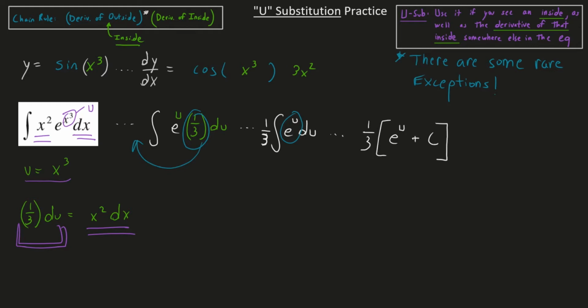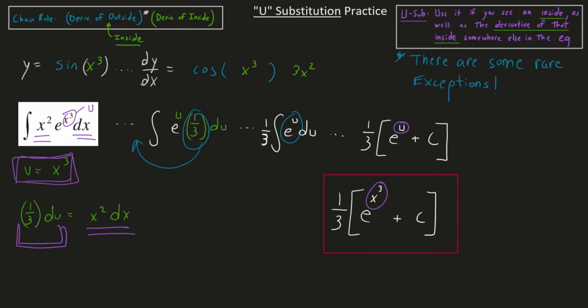So I carry out that antiderivative, don't forget the plus c. And now that I've gotten through that antiderivative, I'm going to get u's out of there and x's back in, because my initial integral question is in terms of x. So instead of writing u, I will write what u is, x cubed. And that's it for this one.